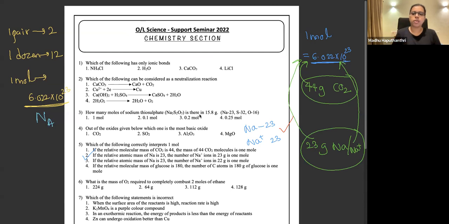So if you are taking 1 mole of sodium coming to 1 mole of sodium ions, we are losing 1 mole of electrons. In this transformation, we are losing 1 mole of electrons. But 1 mole of electrons is not accounting for 1 gram. Now here, if you see the mass difference, 23 here, 22 here.